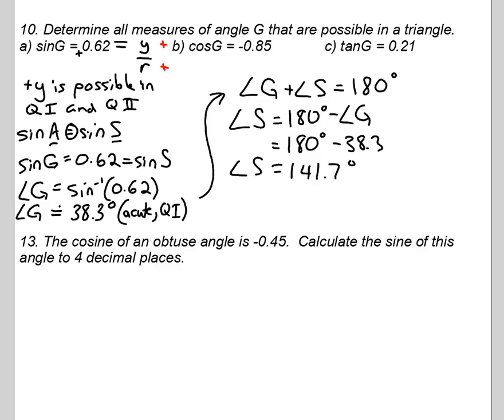Now, is this possible in a triangle? Can we have a 38.3 degree angle in a triangle? Yes. Can we have a 141.7 degree angle in a triangle? Yes. It might look like this.